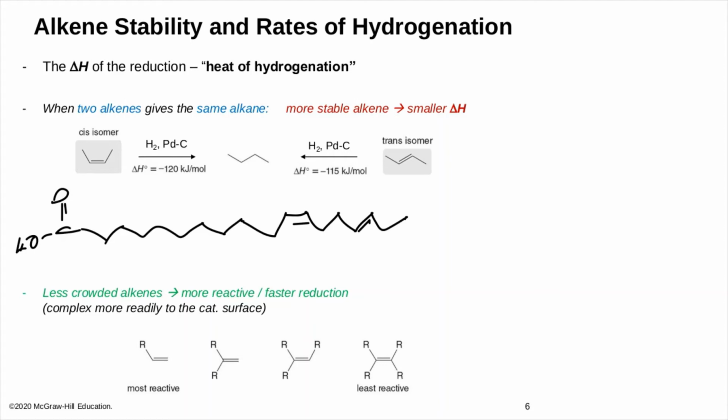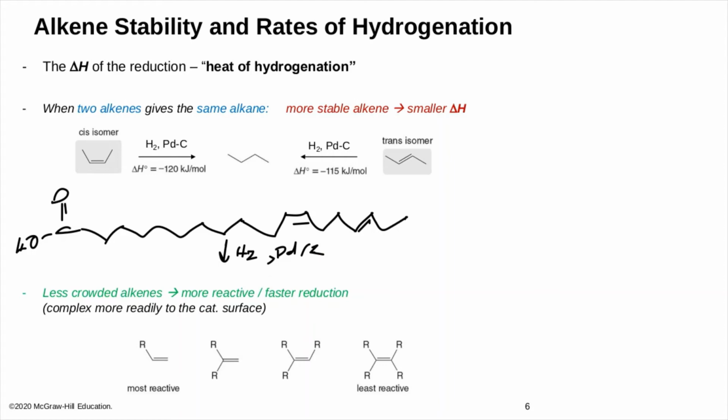Let's say that I take this fatty acid and I add in hydrogen gas with palladium on carbon catalyst. Now, I have two alkenes. I have a cis alkene and I have a trans alkene. If I have a cis and trans alkene, they can both be reduced by hydrogen with palladium on carbon.